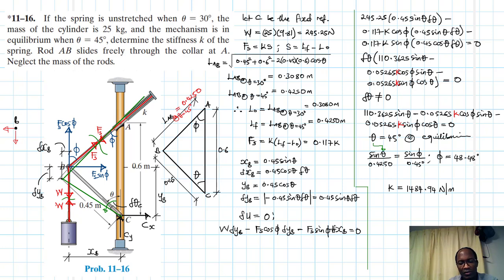This gives us 1484.94. Alright, so basically this is our final solution, which is the value of the spring constant.